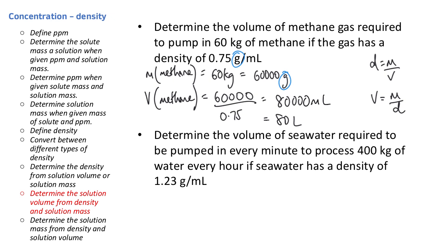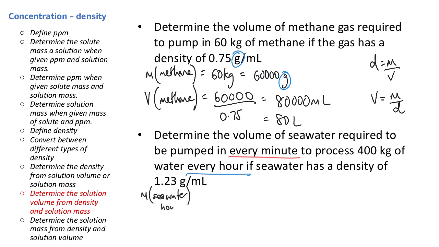Determine the volume of seawater required to be pumped in every minute to process 400 kilograms of water every hour if the seawater has a density of 1.23 grams per mil. Okay, so again, mass of seawater, I've got to start converting these things. Now, this has a bit of a tricky thing in there because it's every minute and every hour. So at least I've got to write out what I'm solving.